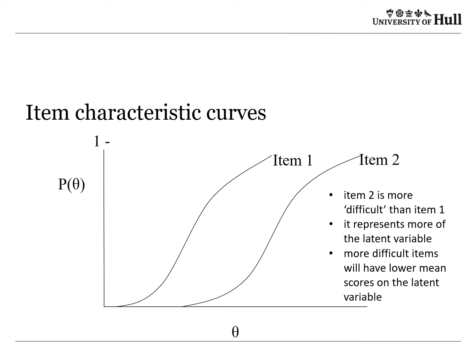So there are various parameters into which I'm not going to go at all, which are used by different models of item response theory to gauge how good an item is. So slightly in contrast to classical test theory like factor analysis, which looks at the performance of the overall group of items, item response theory, you could say, is differentiated by being very concerned with the performance of individual items.